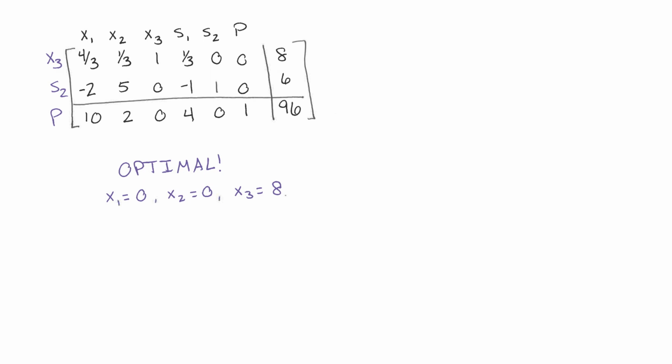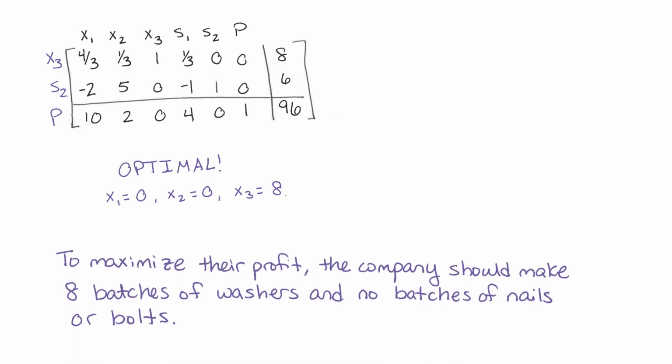We also know that S1 would be 0, S2 would be 6, and P would be 96. So to maximize their profit, which would be a profit of $96,000, the company should make 8 batches of washers and no batches of nails or bolts.